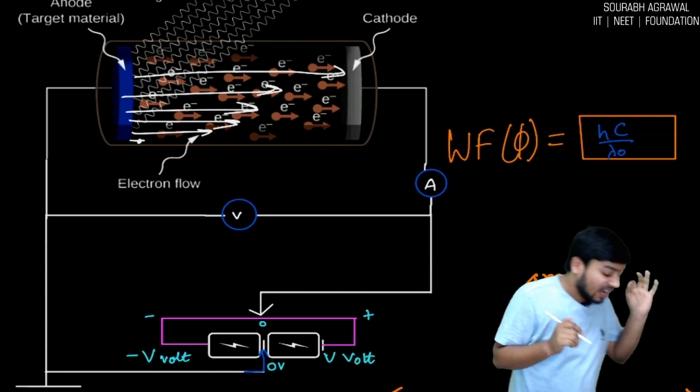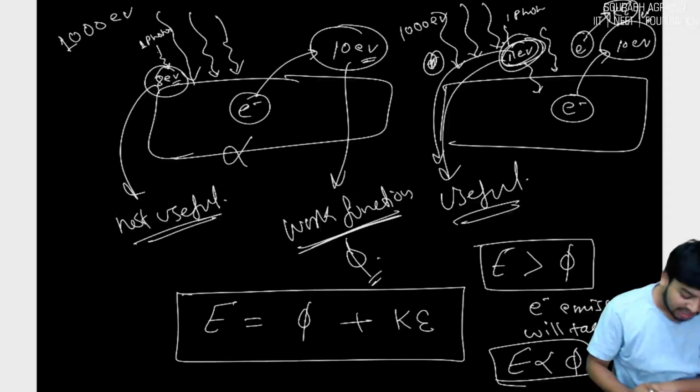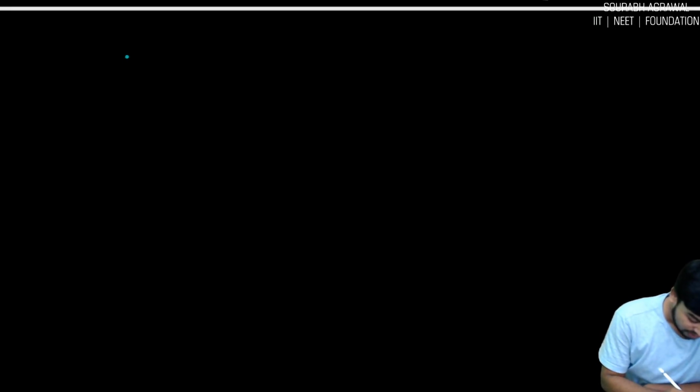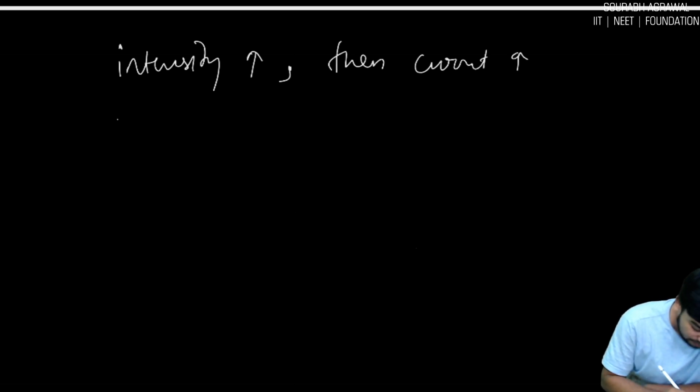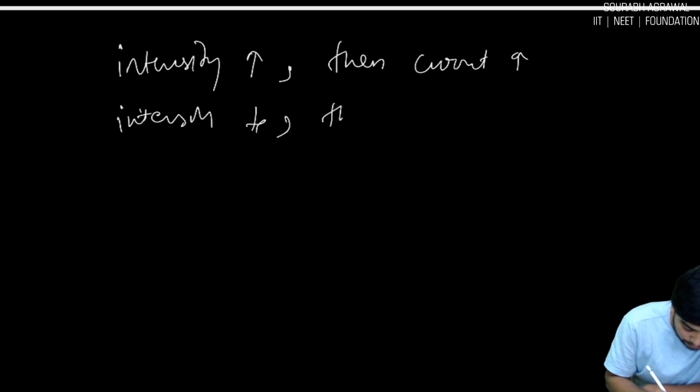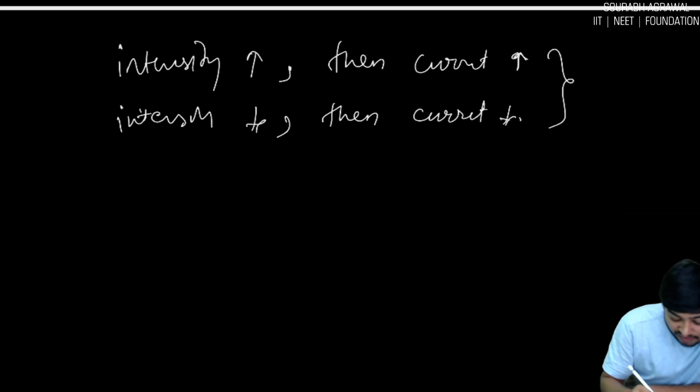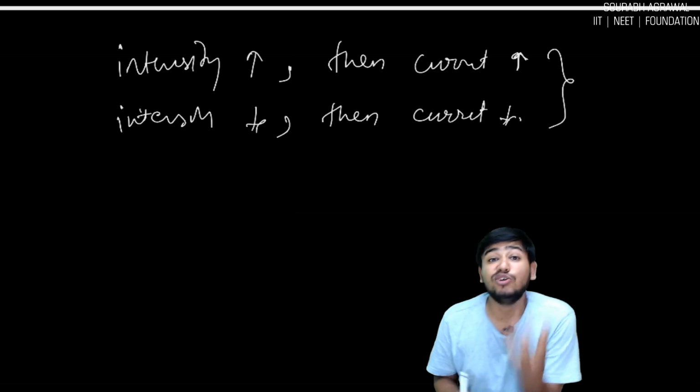So the first thing that I can tell you is: if intensity is increasing, then current is increasing. If intensity is decreasing, then current is decreasing. This is clear, and this is only possible when your photon is useful.